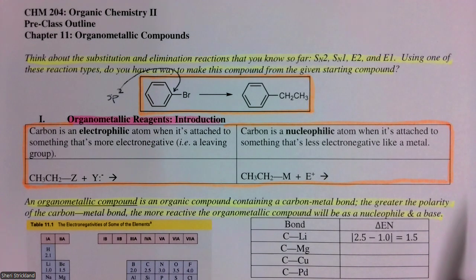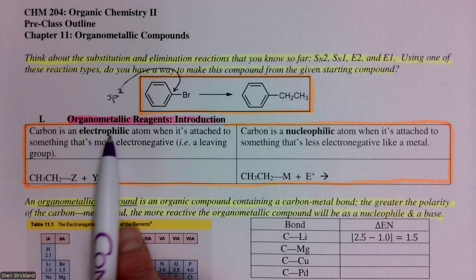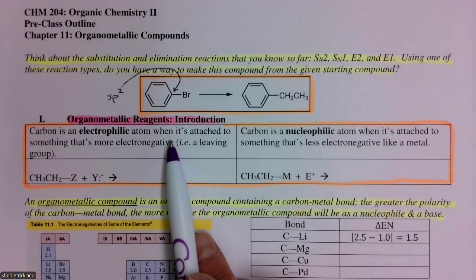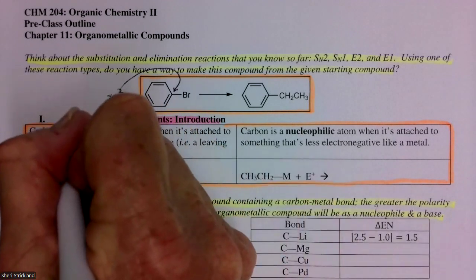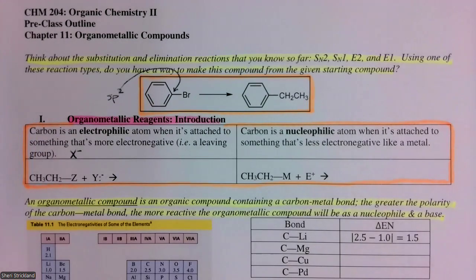So the search was on for ways to do these kinds of reactions. And this is where organometallic reagents enter the picture. So we want to see the difference between when you have an electrophilic carbon versus a nucleophilic carbon. And carbon is electrophilic when it's attached to something that's more electronegative. A leaving group, more specifically a halogen leaving group, right? So chlorine, fluorine, bromine.